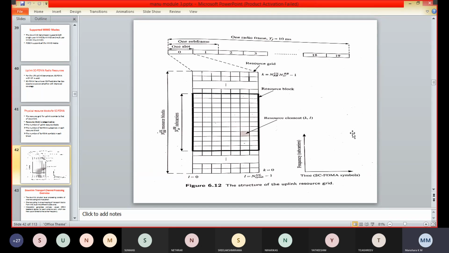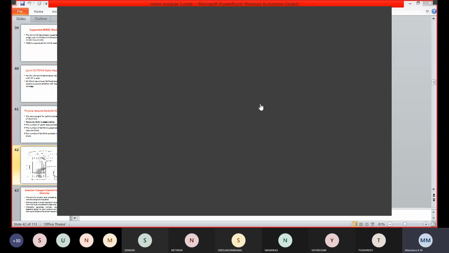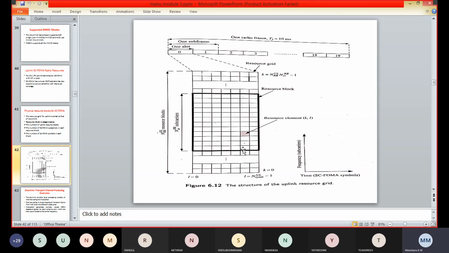So it comprises a number of resource blocks in the time-frequency plane.